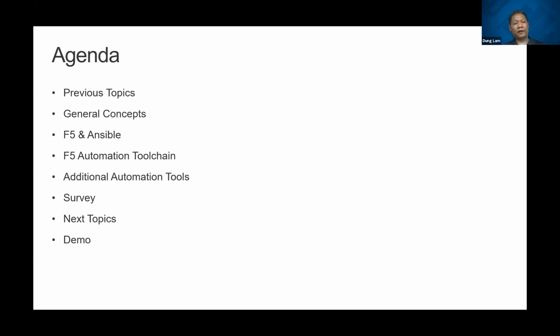We'll give a quick overview on why F5 and Ansible work well together. Then we're going to look more into the F5 Automation Toolchain and talk about the individual components. Much of our demos today is going to demo some of those capabilities.